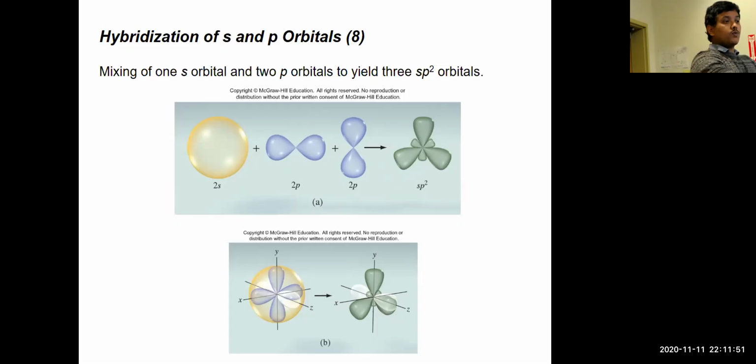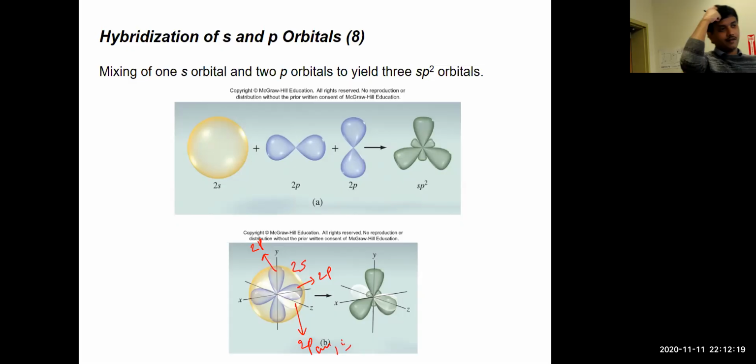So this is boron before it forms hybrid orbitals, with a 2s orbital, 2 2p orbitals with an electron, and 1 empty orbital. Let me label that. The 2s orbital here, and this is a 2p orbital, and this is another 2p orbital with an electron, but this is a 2p orbital that is empty.